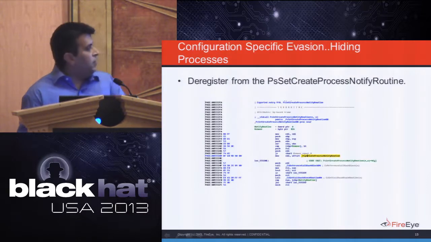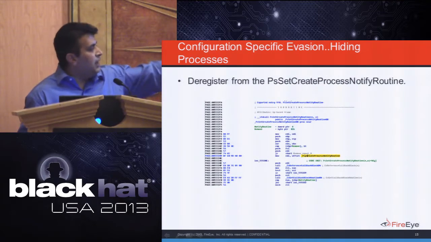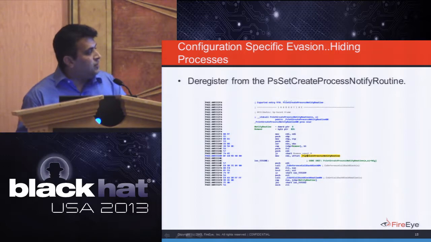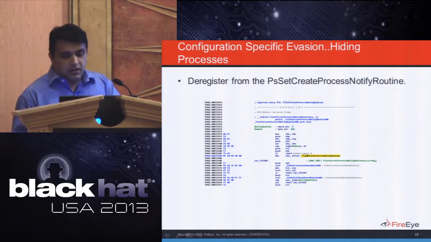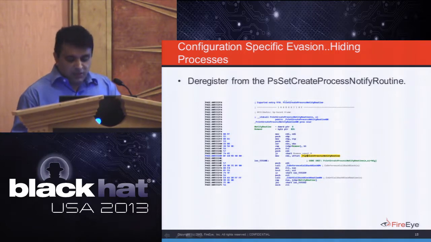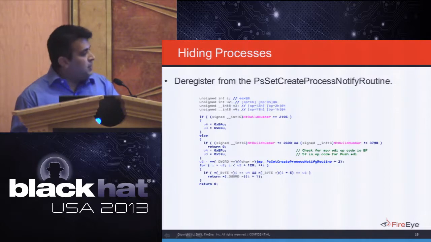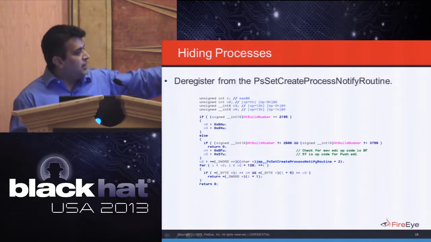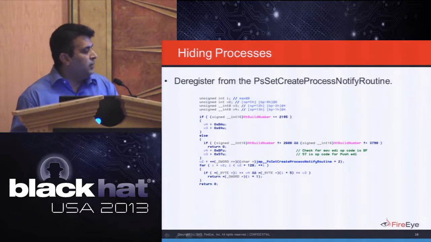As shown in the code of Windows, after a mov EDI and just before push EDI, we have the address of PsSetCreateProcessNotifyRoutine. Once it has been able to locate that address, it directly jumps to that address and sets all the callbacks to null. So now if any new process is getting created or deleted, there won't be any notification.